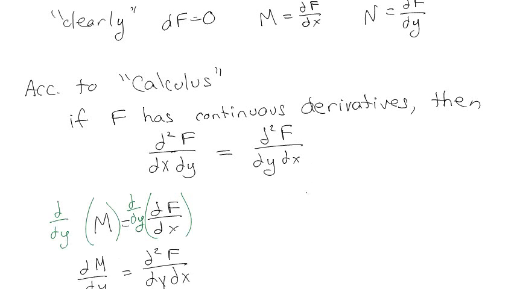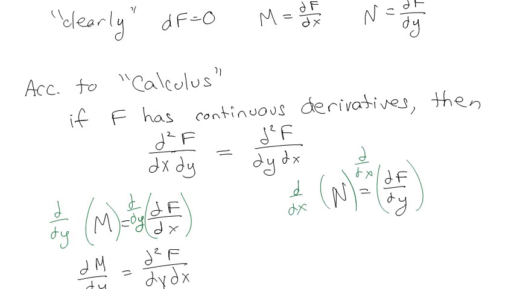Now if I do the same thing over here, I know that n is equal to partial f partial y. So if I take the partial with respect to x of both sides, then I get that partial n partial x is equal to partial squared f partial x partial y.